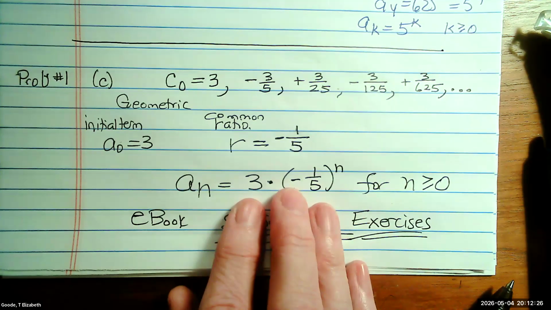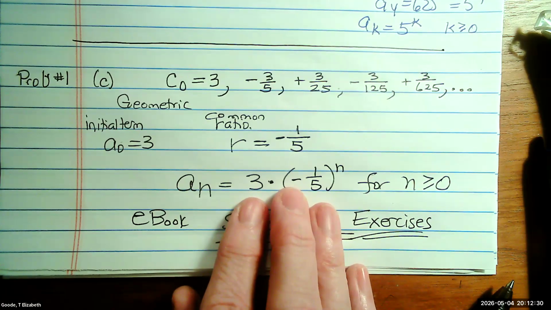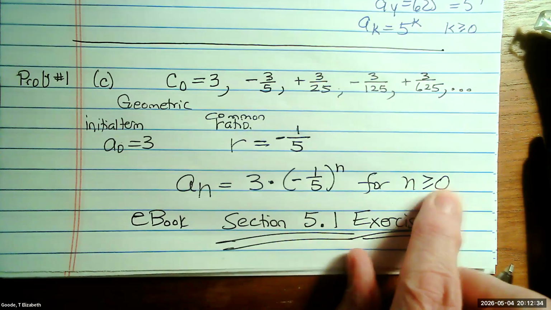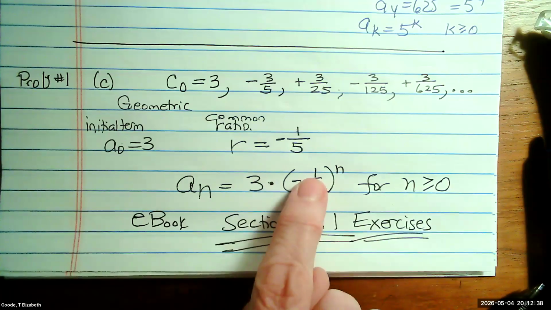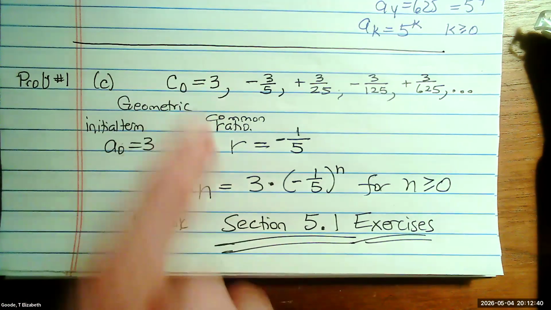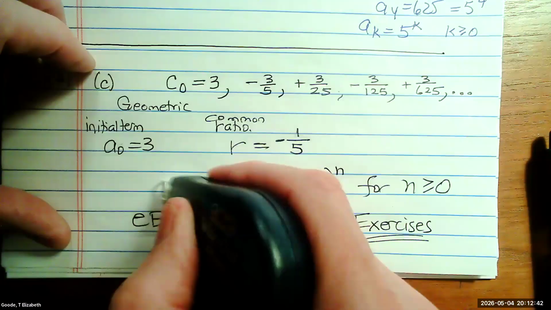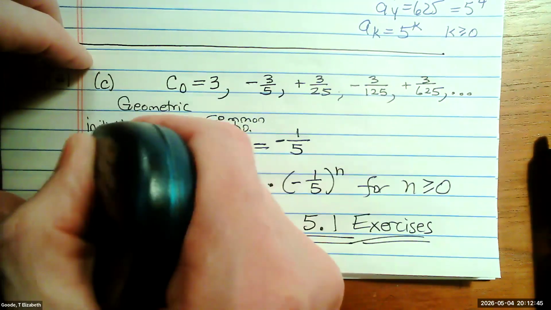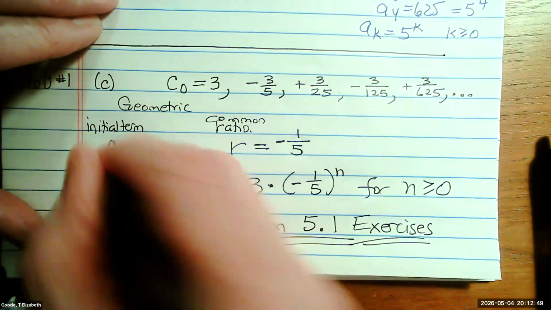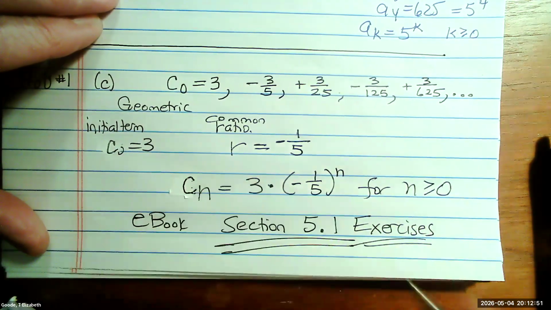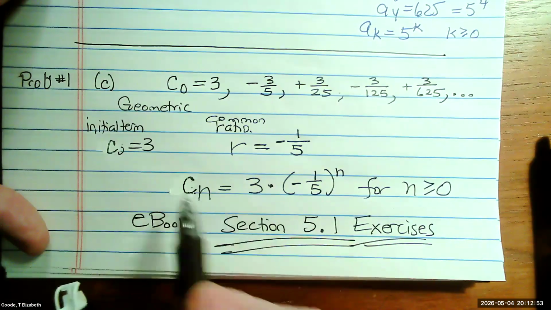The beauty of the formula is you can check it. Like plug in 0. -1/5 to the 0 is 1. So it's 3 times 1. Okay. Oh, it's C. C sub n. Sorry, this should be a C. I'm not going to ever take any points off if you lose something like that, but it's C sub n.